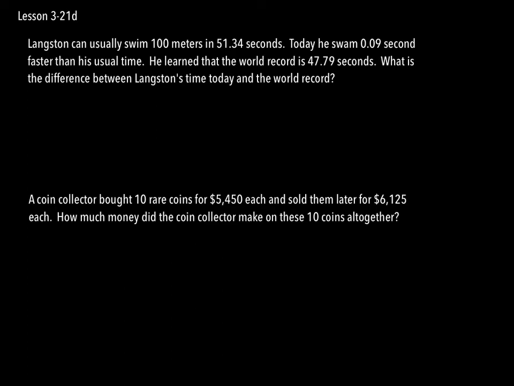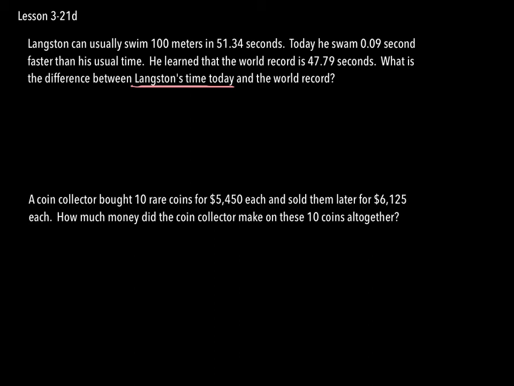Hopefully, ladies and gentlemen, you took some time and really read through these problems, because when you read through them, hopefully they become more apparent on what you have to do. So the first step is, after reading through, we have to figure out what Langston's time today is.